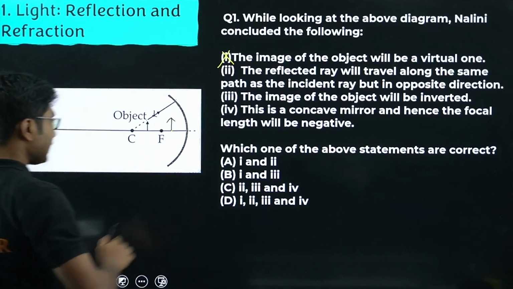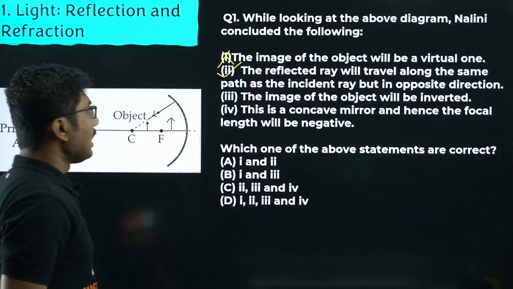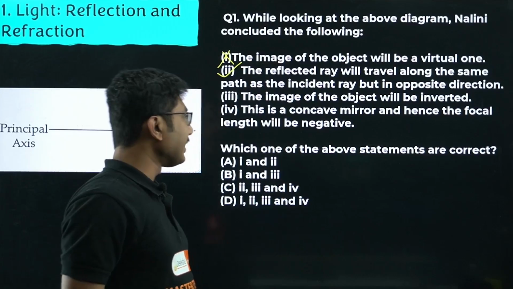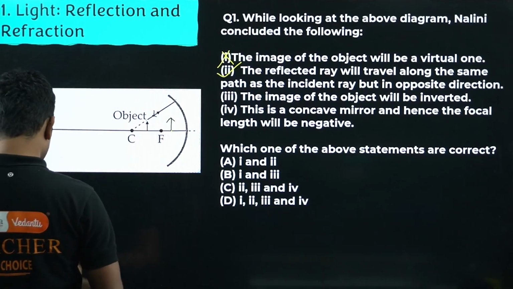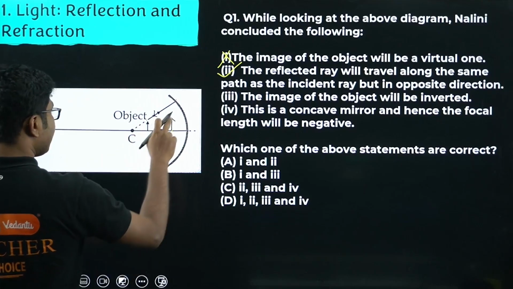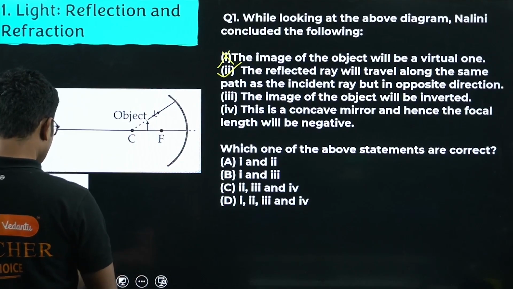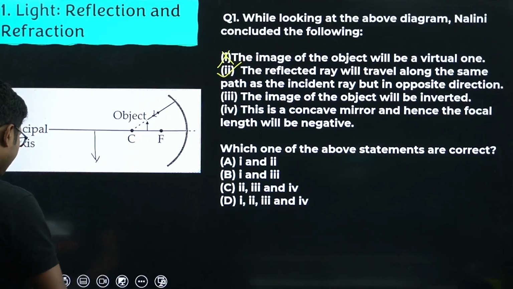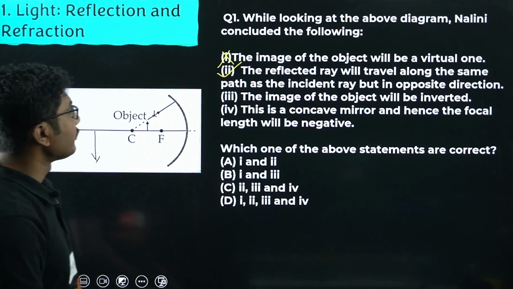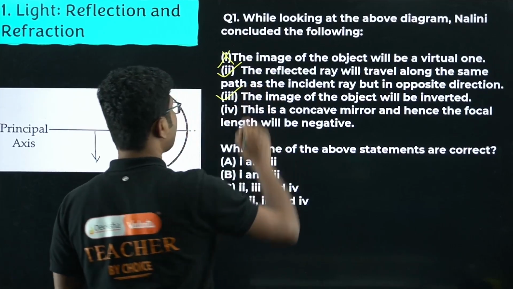So the second statement is correct. The image of the object will be inverted. Obviously this is a real image, so it will be an inverted image. This is a correct statement.